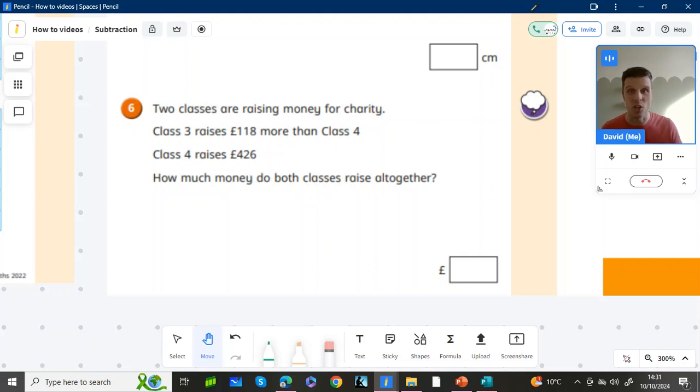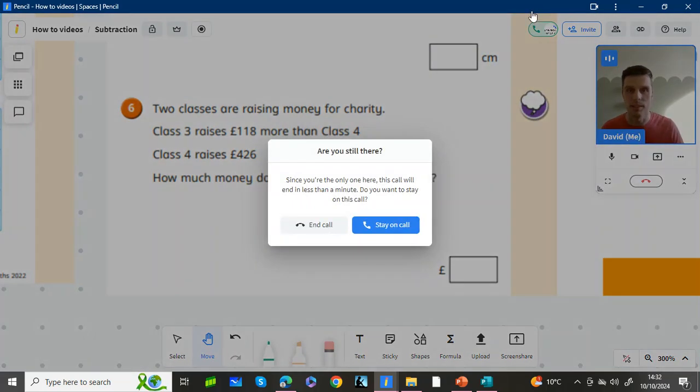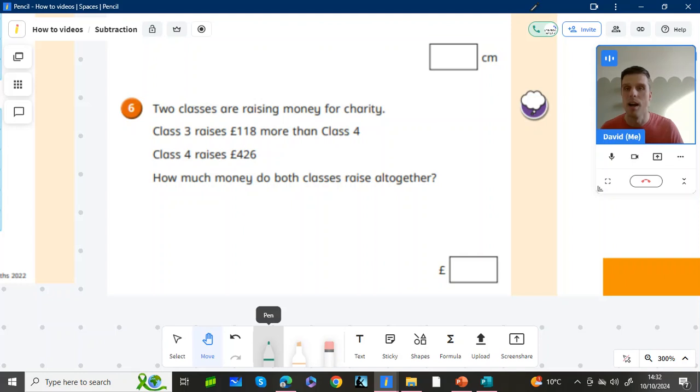Okay, now this is a 2-part question. Class 3 raises 118 more than Class 4. Class 4 raises 426. Oh, we've got a bit of an addition question here, but we're going to do it anyway.